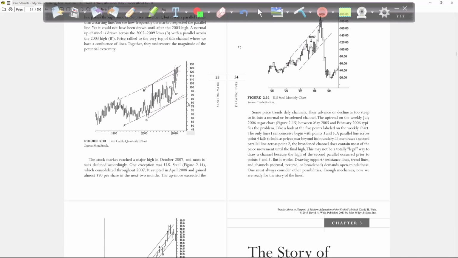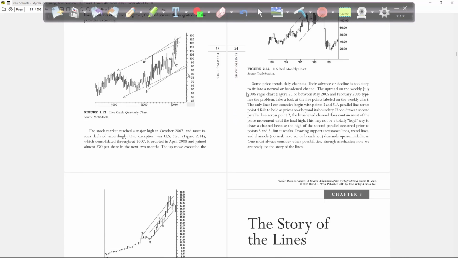Now, some price trends defy channels. Here, the advance or decline is too steep to fit into a normal or broadened channel.